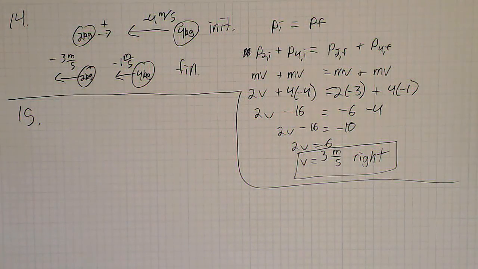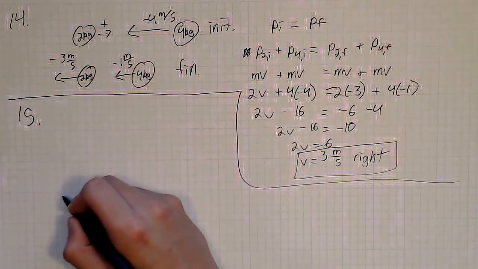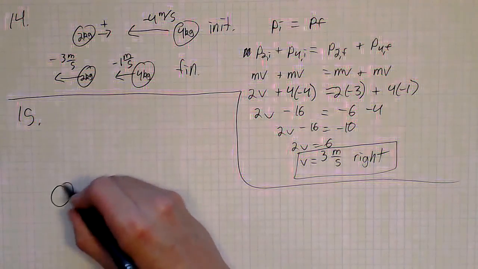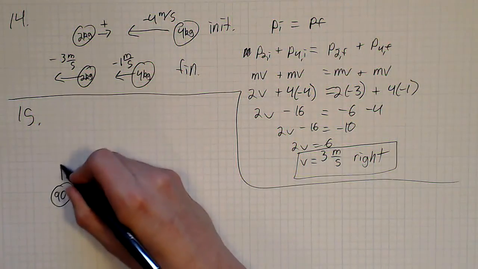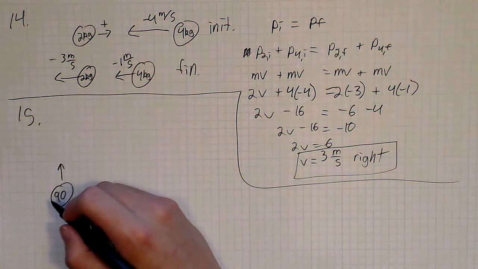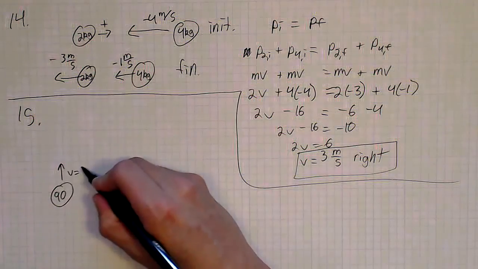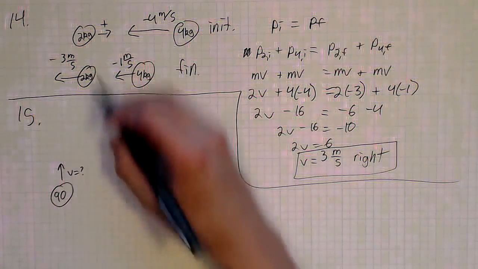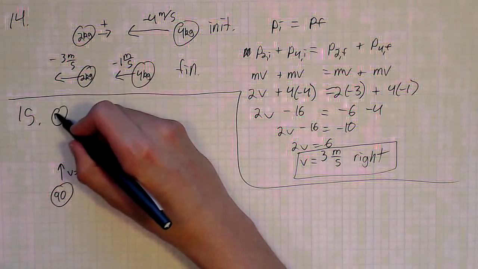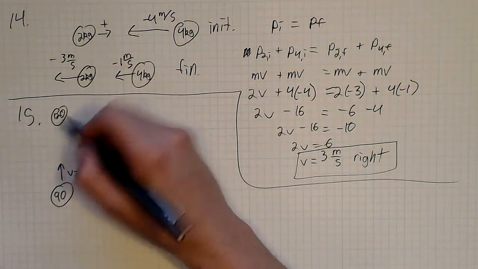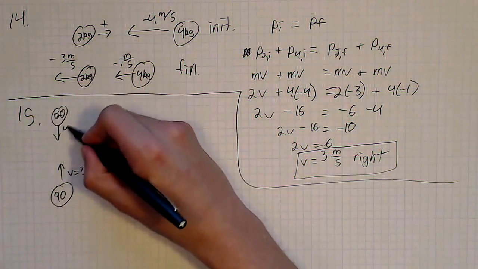Okay. So, again, we're going to draw a picture. So, a 90 kilogram halfback is running north, and we don't know his velocity. And the 120 kilogram opponent is running south at 4 meters per second.